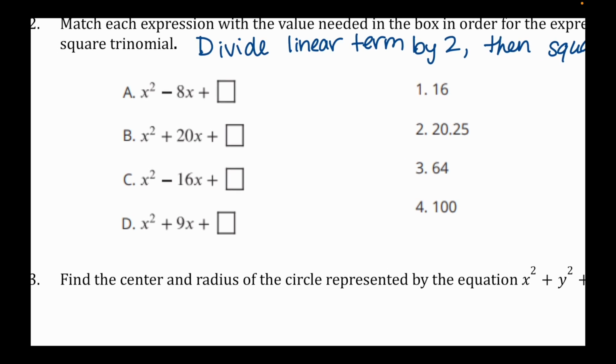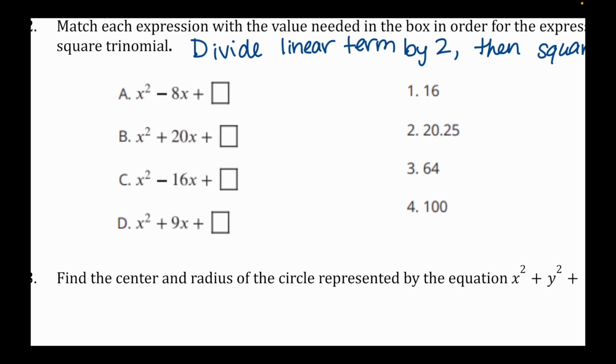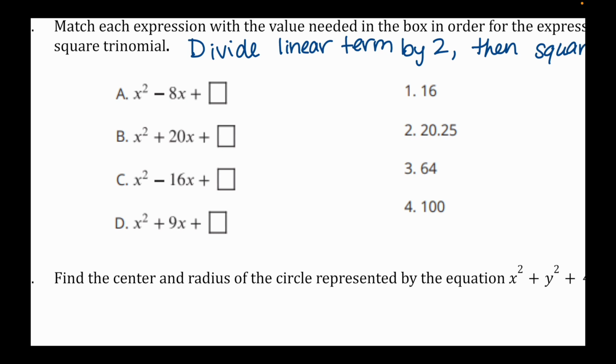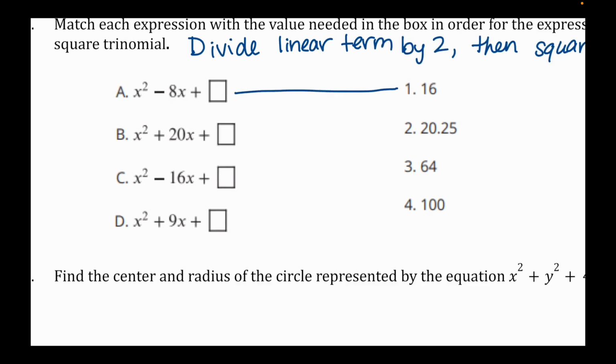If we look at each one here, 8 divided by 2 gives us 4, and 4 squared gives us 16. So this one matches the one right across from it, 16. With B, we take 20 and divide that by 2, which gives us 10, and 10 squared is 100, so that lines up with this one right here.